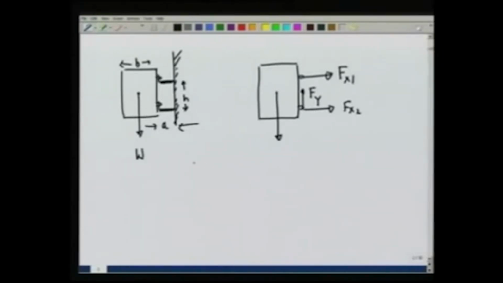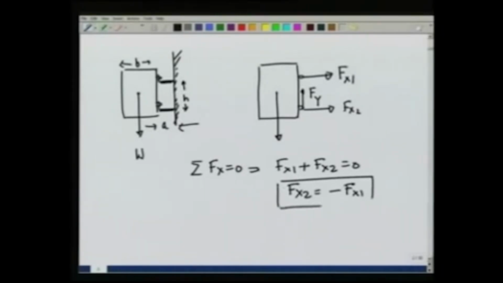Then the equilibrium condition, summation F x is 0, gives me F x 1 plus F x 2 is equal to 0, or F x 2 is equal to minus F x 1. Similarly, the condition summation F y is equal to 0 gives me F y minus W is 0, or F y is equal to W.